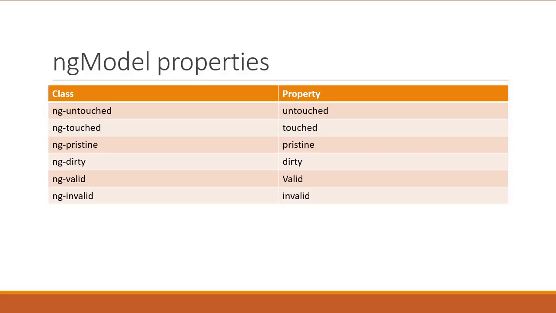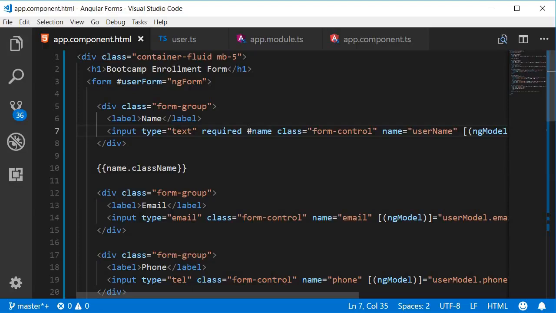So let's quickly take a look at these properties in our enrollment form. Now the question is, how do we get access to the ngModel properties? The answer is by simply creating a reference to the ngModel directive.